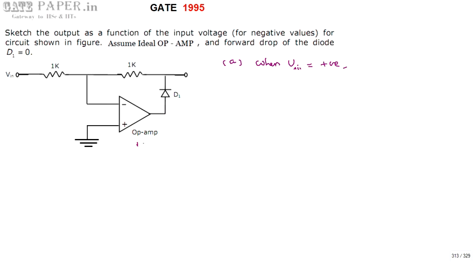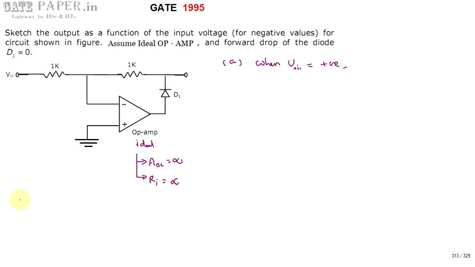Whenever the op amp is ideal, the two important characteristics of an ideal op amp are that the open loop voltage gain is infinite, and the input impedance of the ideal op amp is infinite. These two are the major important characteristics.